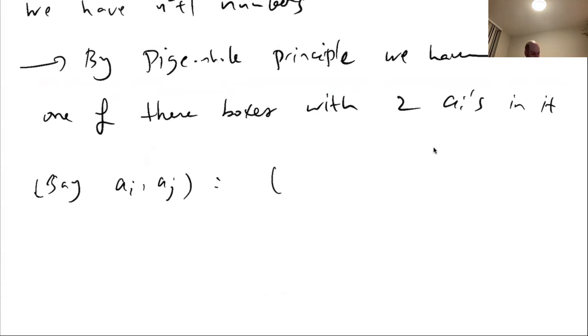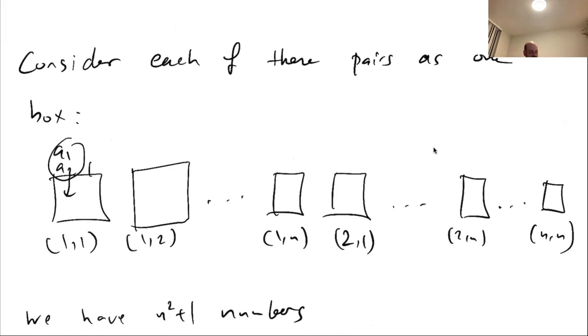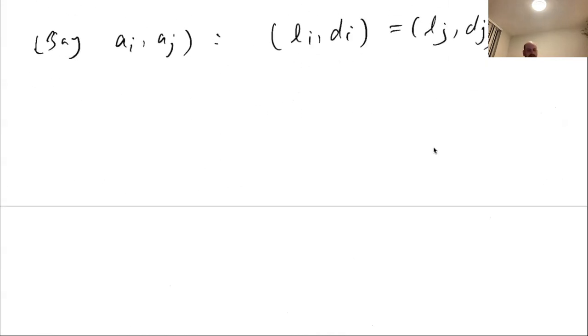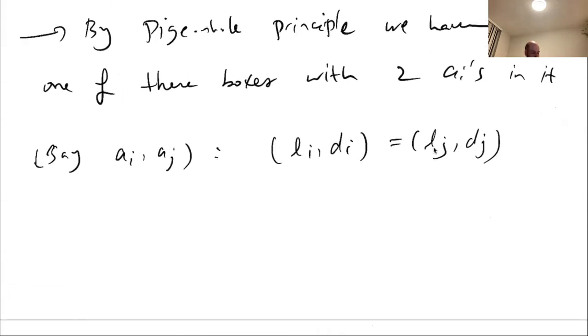I can say that (l_i, d_i) is equal to (l_j, d_j), right? Because, for example, if both pairs are in box number 5, say box number 5 is (1,5), then both of these pairs are equal to (1,5). Therefore, they are equal to each other. So if one box contains two a_i's in it, that means (l_i, d_i) is equal to (l_j, d_j).